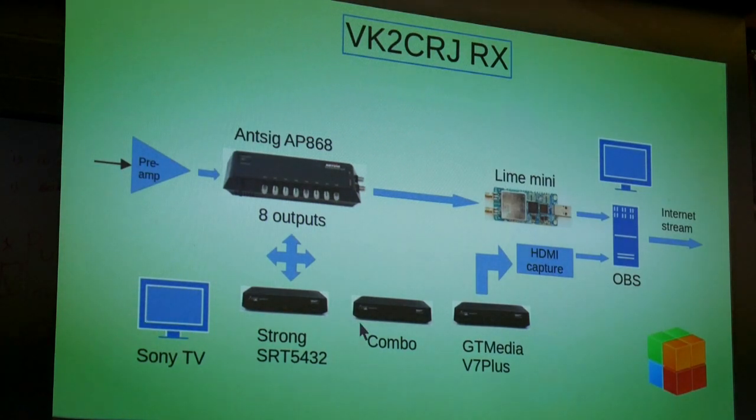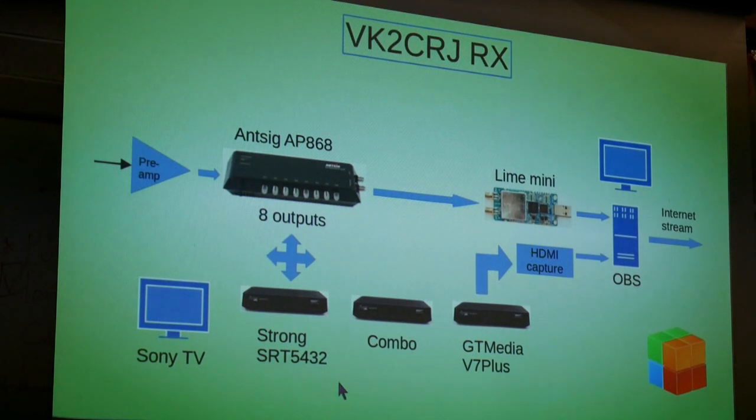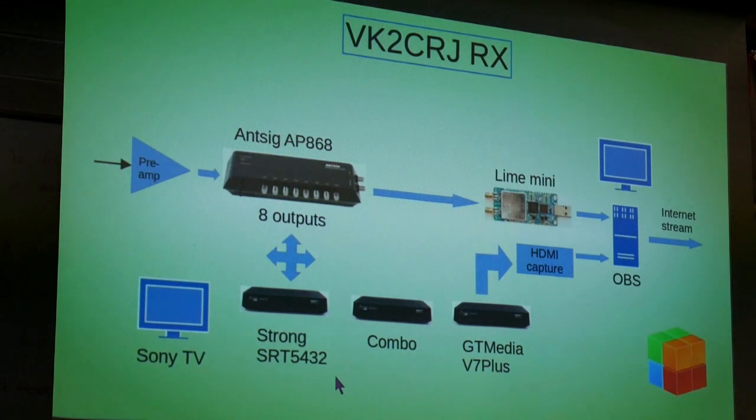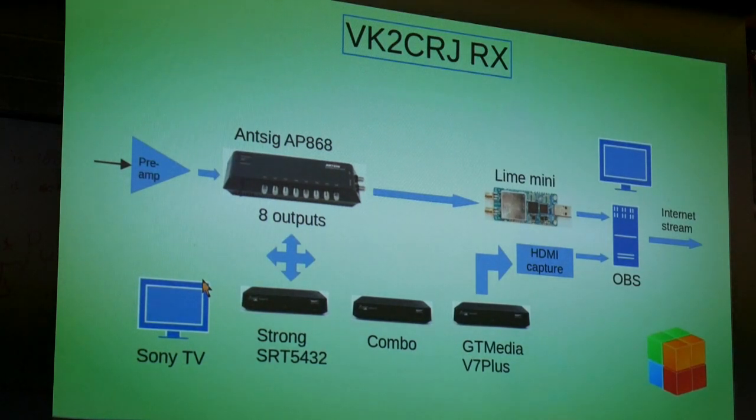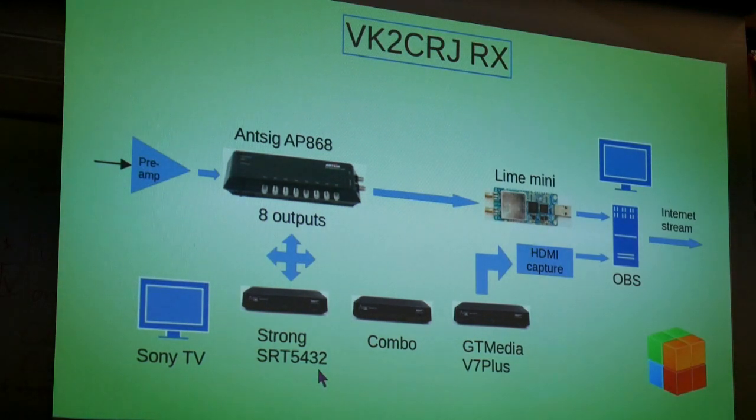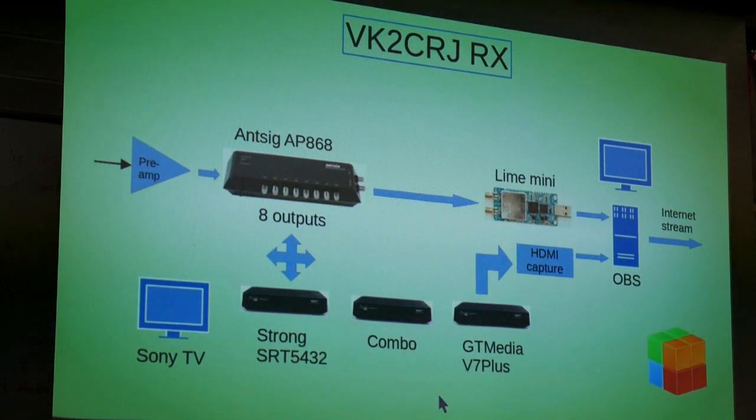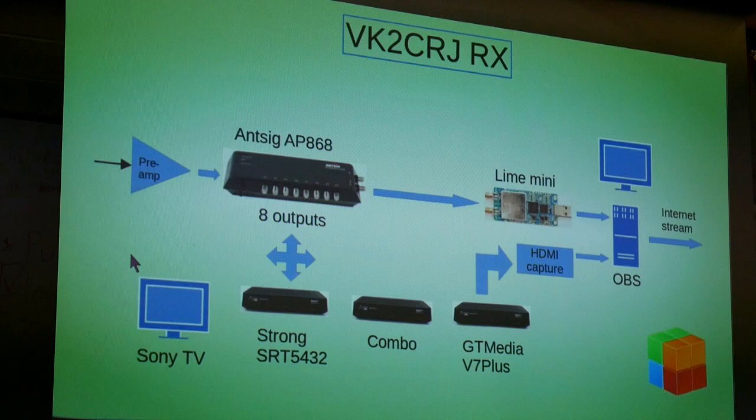On my Sony TV, these are all feeding on HDMI back into there, and I can do a split screen on the telly and look at two receivers at the same time, and then you find out what the difference is in performance between these, and it's quite significant actually. Not all set-top boxes are the same, right? In terms of sensitivity, the Strong and the Sony TV perform the best.